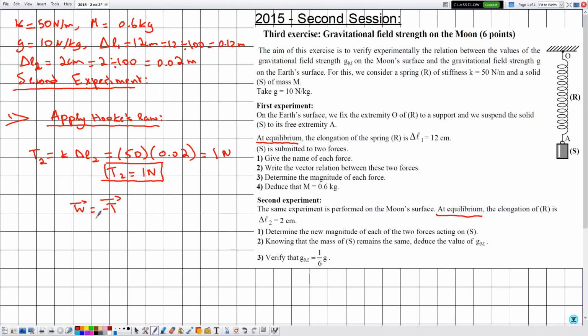So we are interested in the magnitude of this equation. So in magnitude, the weight W is equal to the tension, denoted by T2, but we know that the value of T2 is given by 1 newton. Then the new weight will be given by 1 newton.